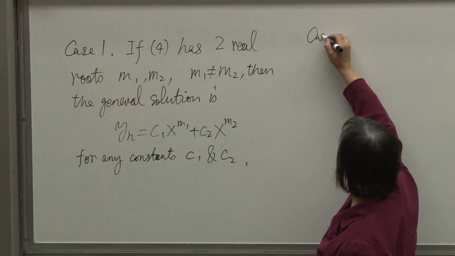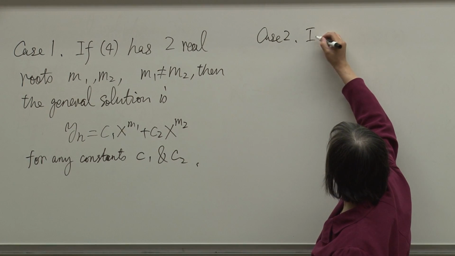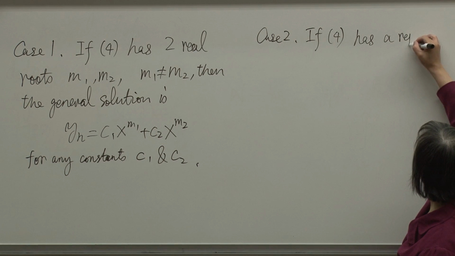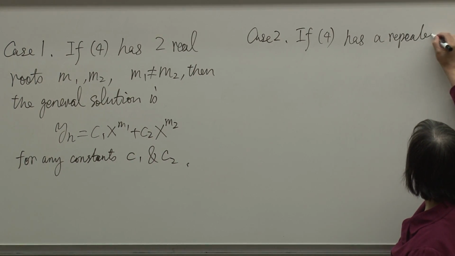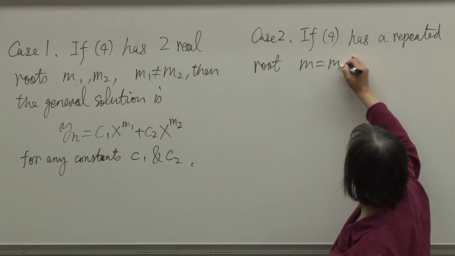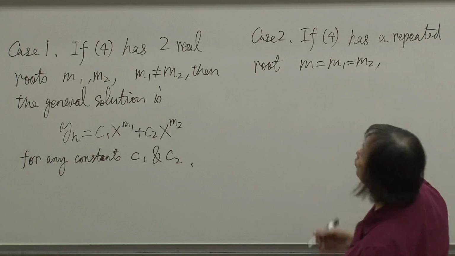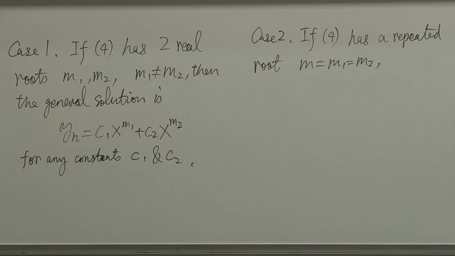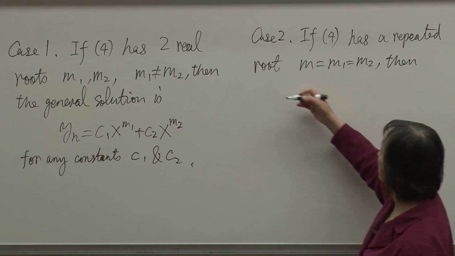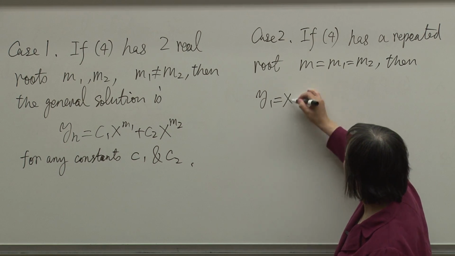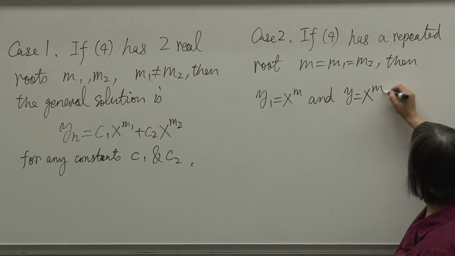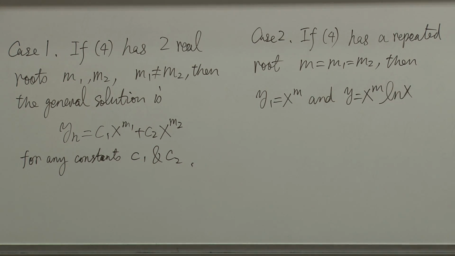For the second case, if the auxiliary equation 4 has a repeated root, denoted by m, that means m1 is the same as m2, then we get the following two linearly independent solutions. One is x^m. The other one is x^m times log x.